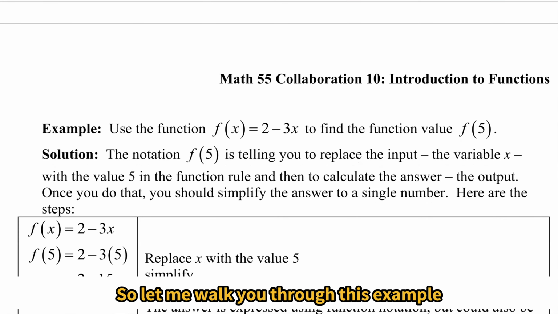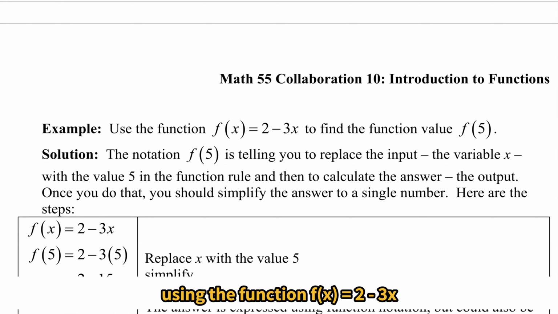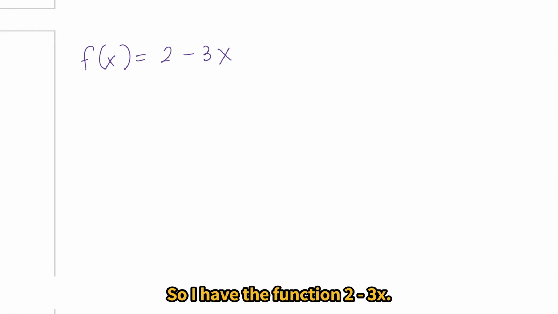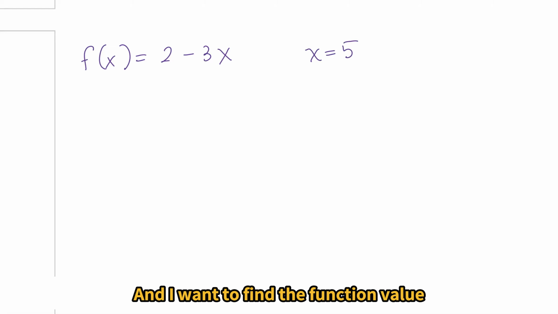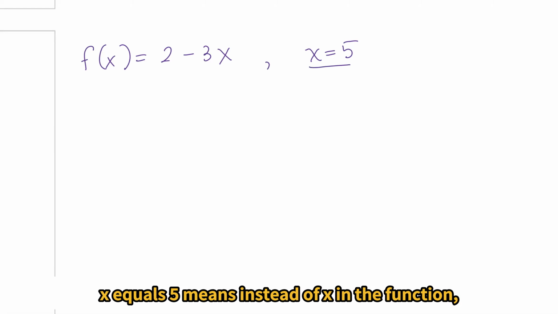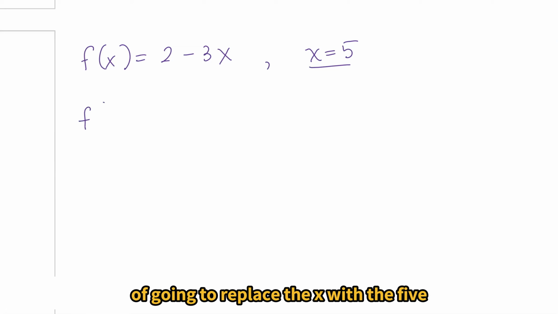So let me walk you through this example of using the function f of x equals 2 minus 3x to find the function value at 5. So I have the function 2 minus 3x, and I want to find the function value if x equals 5. X equals 5 means instead of x in the function, I'm going to replace the x with the 5.